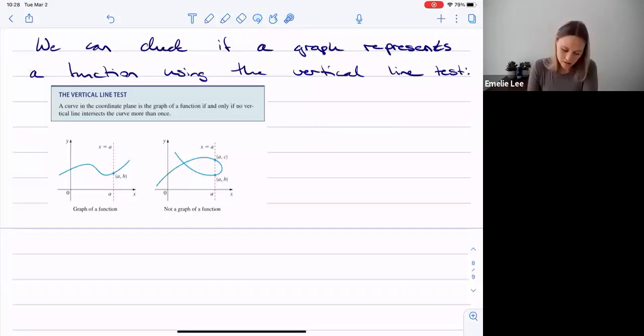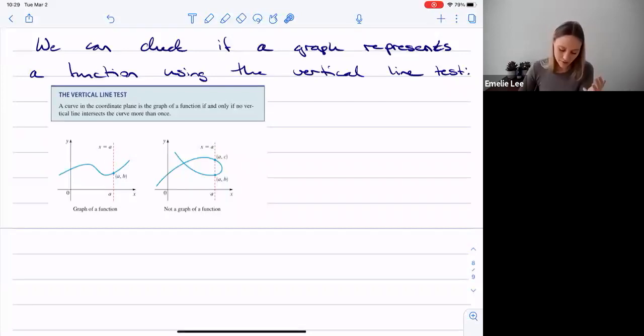The vertical line test just says, okay, if you have a graph and at any point here, you're able to draw a vertical line and at no point do you cross the graph more than once, then you have a function. Okay, so here, this is a function because at any point you can draw vertical lines, right? You can chop, chop, chop, chop, chop, chop, and you only get one cut into the line.